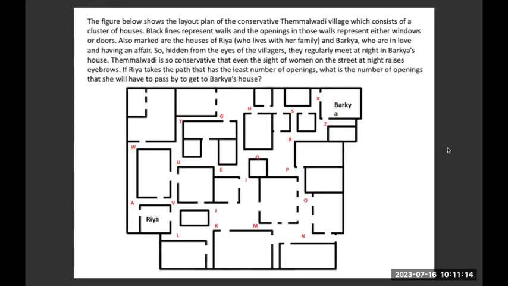Khushi, wrong answer. Tisha, right answer. Anya, wrong answer. Twisha, right answer. Kavya, Prathvi, wrong answer. Trisha, correct answer. Anshi, I will take your question later, okay? Khushi, wrong answer.